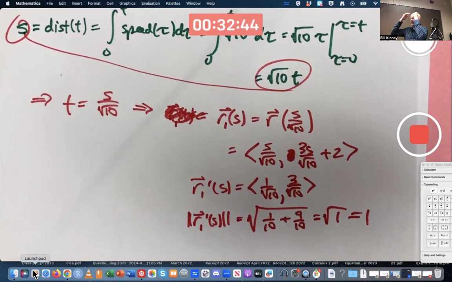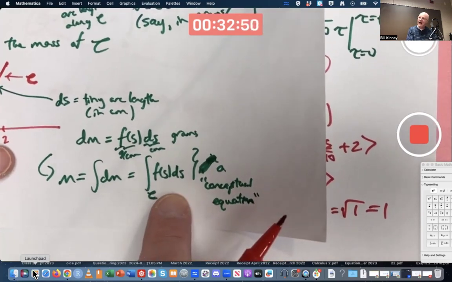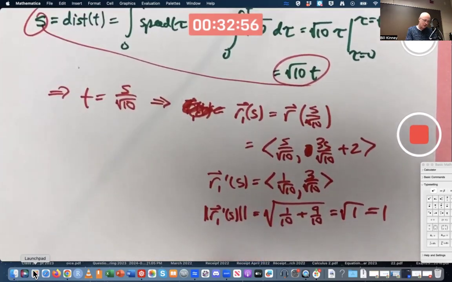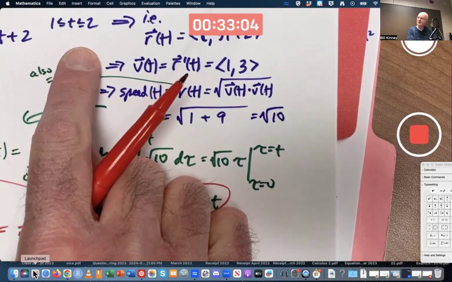How is this helpful? What in the world was I doing this for? To try to compute this integral. Because now I can figure out what f of s is and let s go from 0 to square root of 10. This parameterization was from 1 to 2.